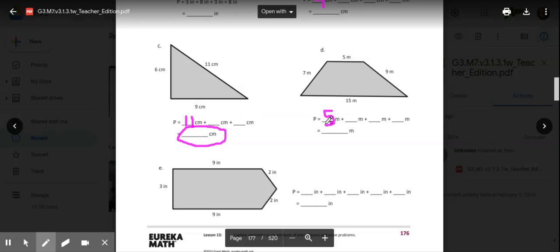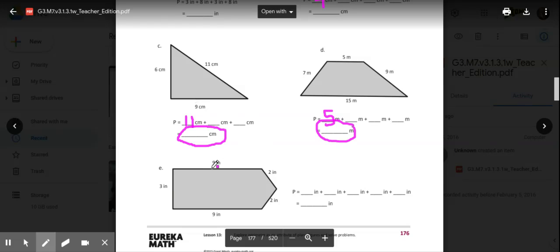And I plug in a 5, and you can plug them in any order that you want. It doesn't matter what number comes next. You could start with 9 or 7 or 15. I just started with 5. Plug in all those numbers into this equation. Then add all the sides to find the perimeter and write it on the blank. Please pause the video to do that.